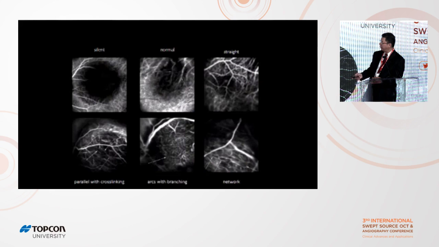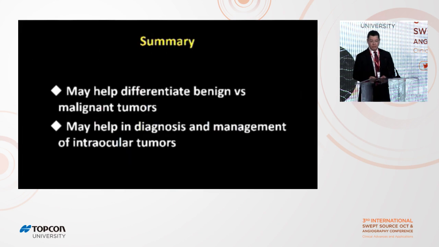This is from Arthur Mueller that correlated these lesions that have been seen histopathologically as well to be correlated with growth and metastasis by Folberg. So OCT may help differentiate benign versus malignant tumors and may help in diagnosis and management of intraocular tumors.